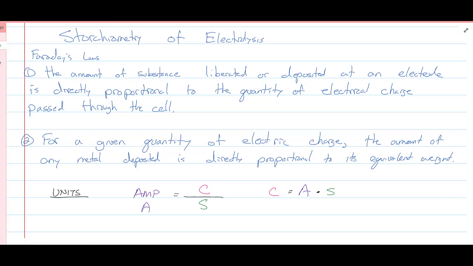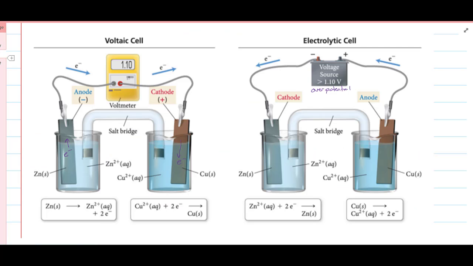And also, there's 96,485 coulombs per 1 mole of electrons. So if I have time and my amps, I can figure out the charge, and I can get the mass.